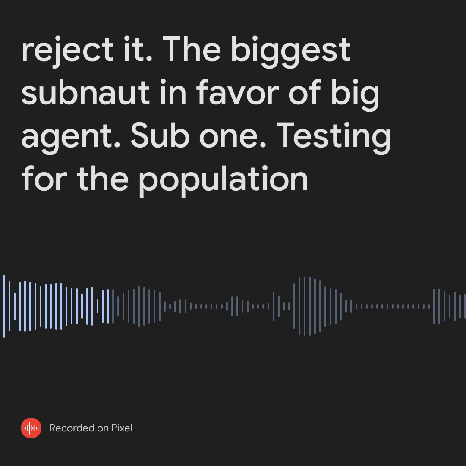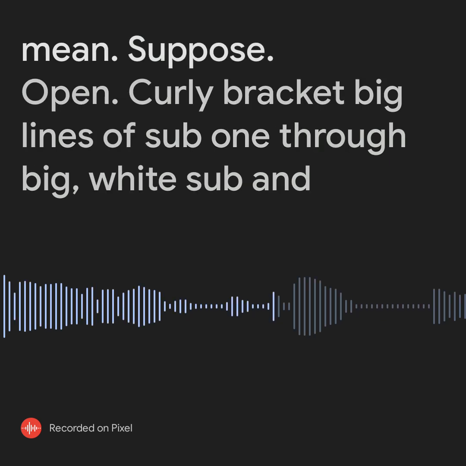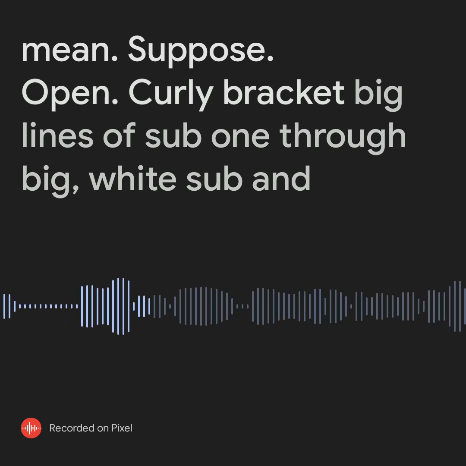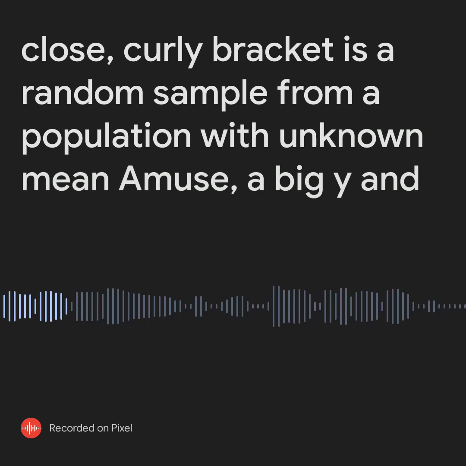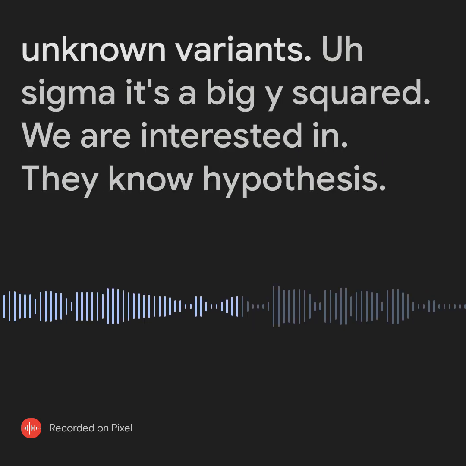Testing for the population mean. Suppose {big Y sub 1 through big Y sub n} is a random sample from a population with unknown mean mu sub big Y and unknown variance sigma sub big Y squared.